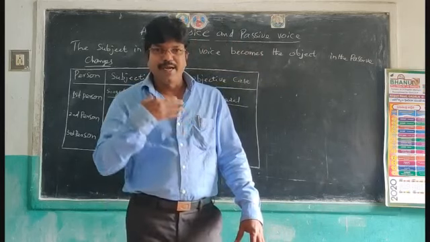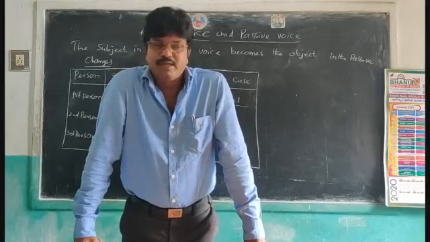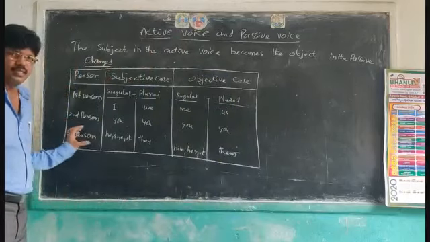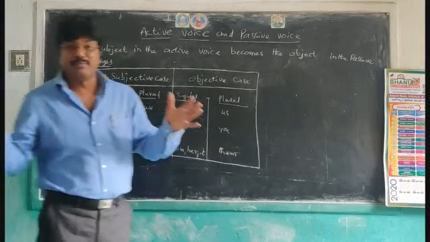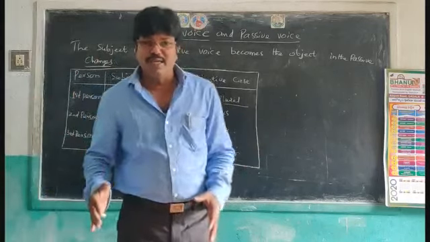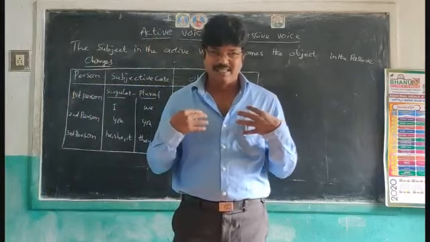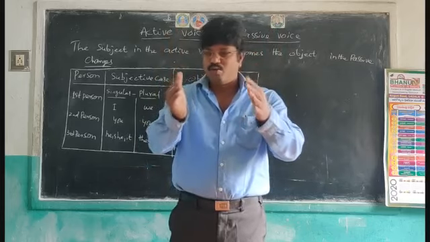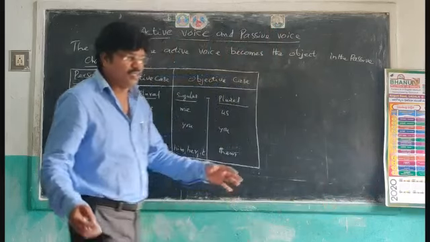Not I and you, all the remaining belong to the third person. First person means ours, belonging to us. Second person means you, who are surrounding us. Third person are those who are not here.